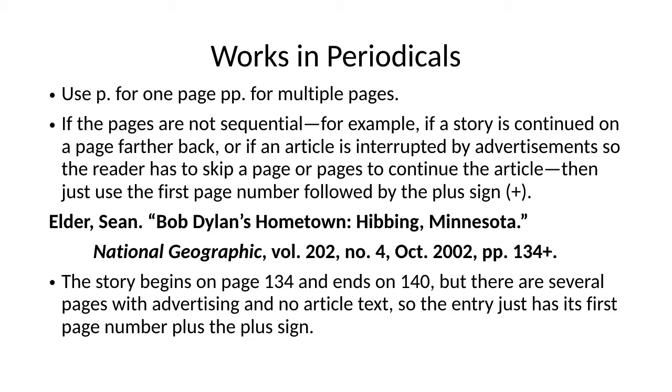Now, the story begins on page 134 and ends on 140, but there are several pages with advertising and no article text. So you could, if you want to, put down 134 to 136, 139 to 140. But in a case like this, you may just write 134 plus, so 134 plus additional pages following that.